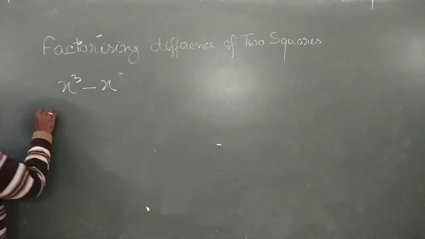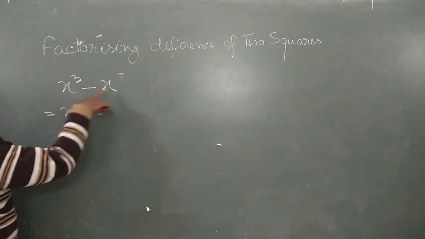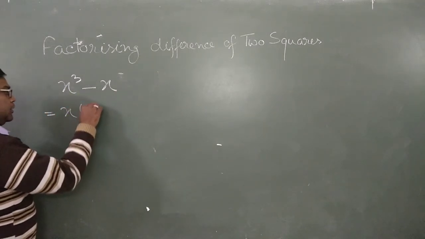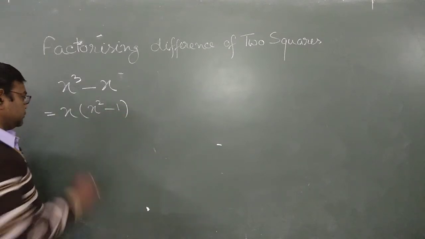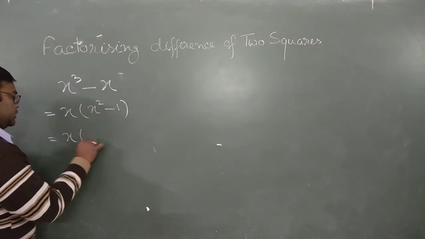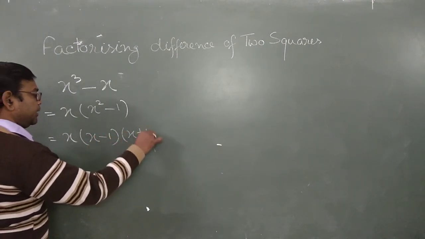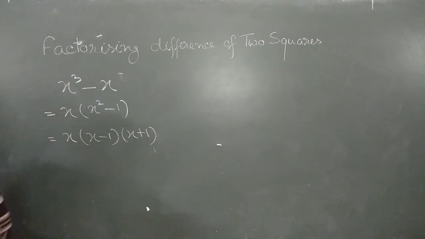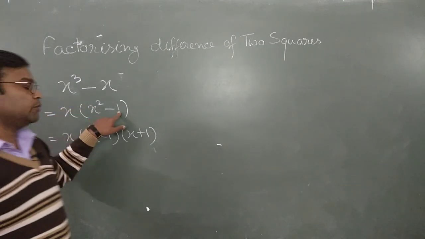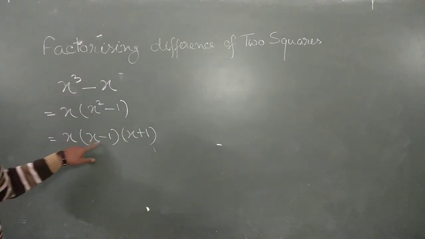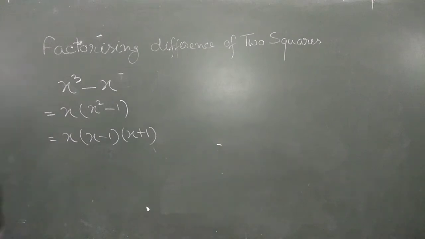So in this case, first we take x common, because there is no square root of a cube, there is no square root of x. Then we make the square root. Now we can easily write down x minus 1, x plus 1. Why am I writing directly? Because we know that the square root of x square is x and the square root of 1 is 1. So it's x minus 1 and x plus 1. This is the formula.